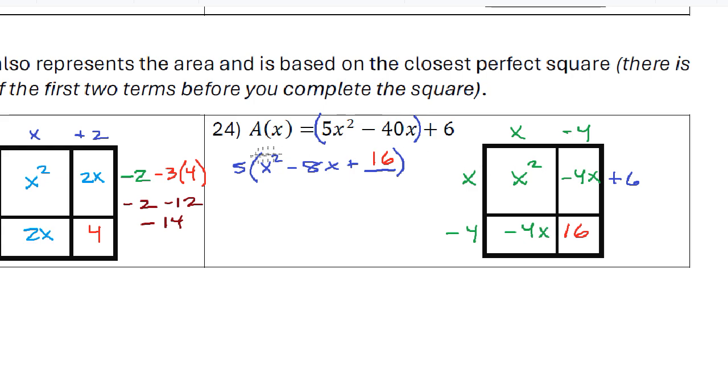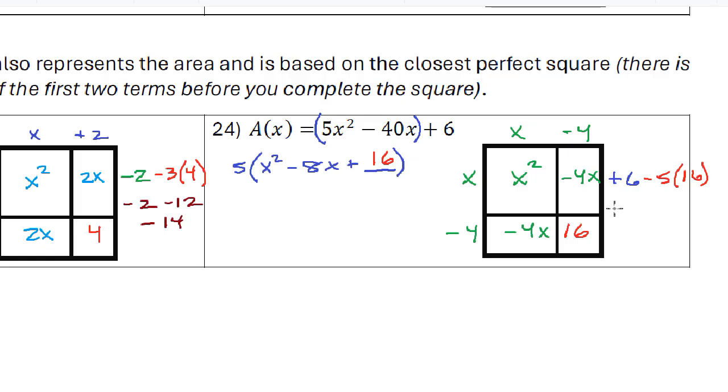But we didn't actually add 16, class. We added 5 times 16. I'm looking for my calculator right now. So if we look at this, we actually added 5 times 16, that means we have to subtract 5 times 16. Let me check that. 5 times 16 is equal to 80.